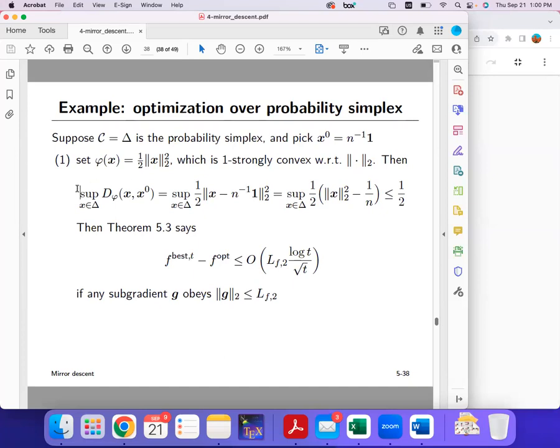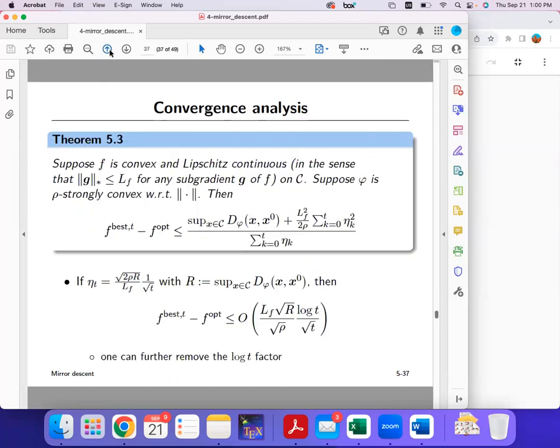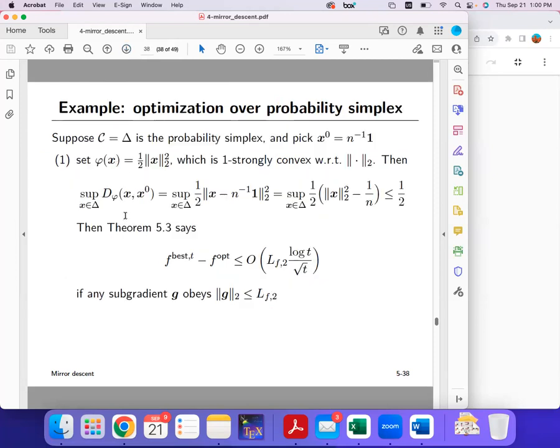And then we look at this term. This is the capital R term. Let's write down the Bregman divergence. Under this choice, the Bregman divergence is simply the Euclidean distance between x and the initialization point, raised to the power of 2.